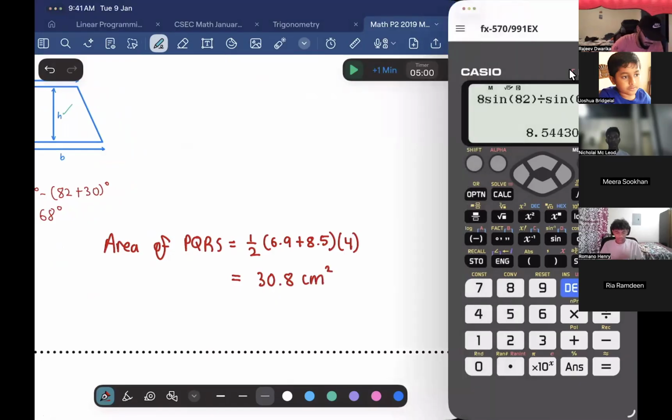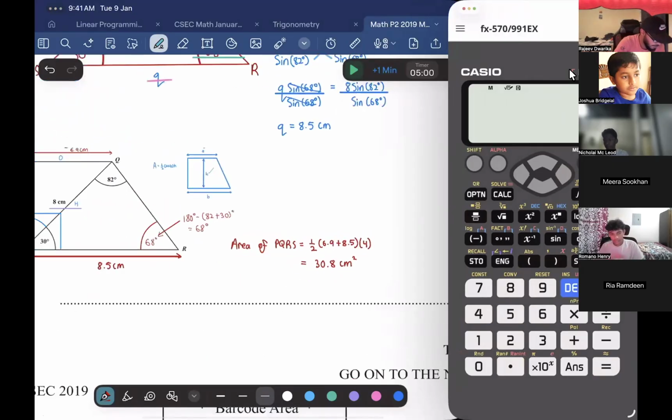What about the rest of you guys? I get 7.7. All right, you have a Sharp? Never mind, I forgot to put the 4. Okay, if you put the 4, you'll get through. Yes, I get through.